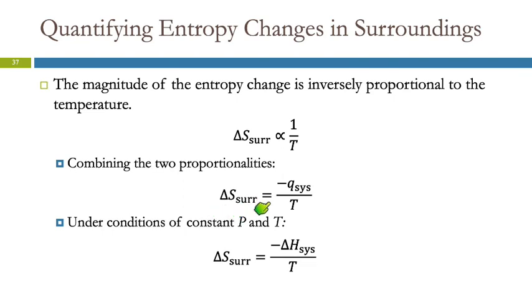Delta S for the surroundings equals negative Q for the system over T. If we have conditions of constant pressure and temperature, so the temperature is not changing, pressure is not changing, then Q-sys is equal to the enthalpy change for the system, delta H. So then we can get to this equation here.